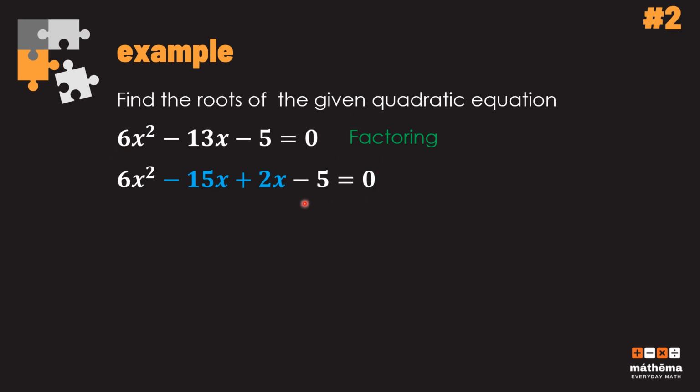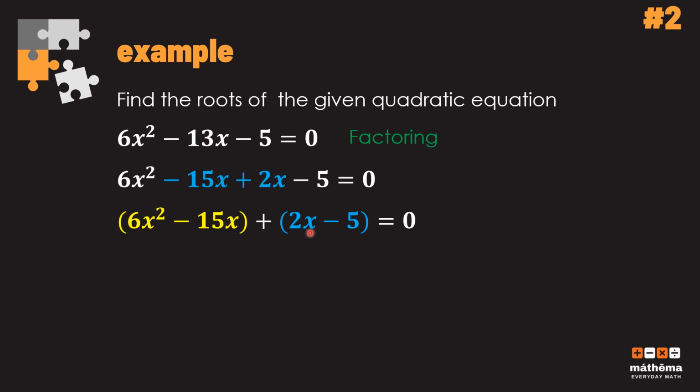We just rewrite it in a way that negative 13x is a sum of two numbers, which is negative 15x plus 2x. Now, after doing this one, we are going to group our expression. So we have here the first group, and then we have now the second group.